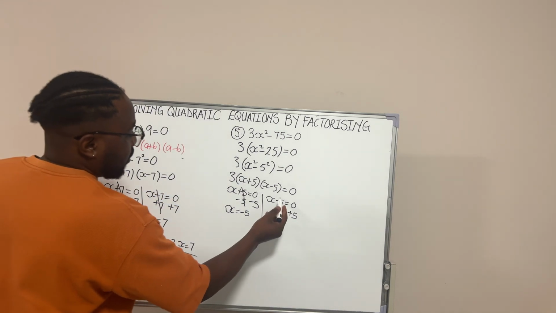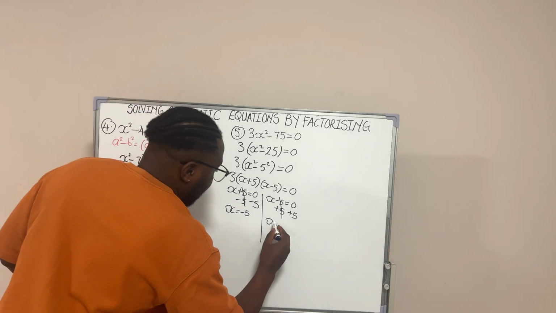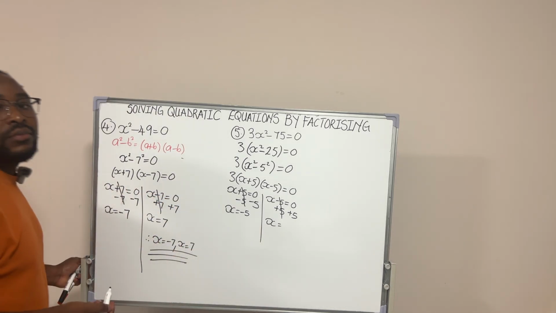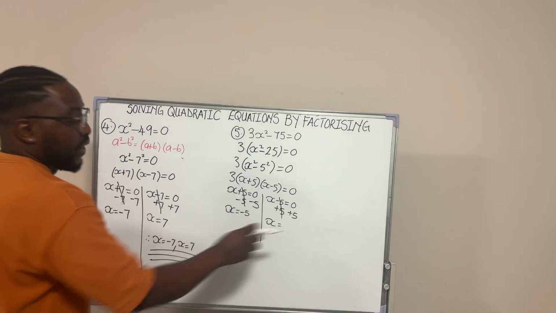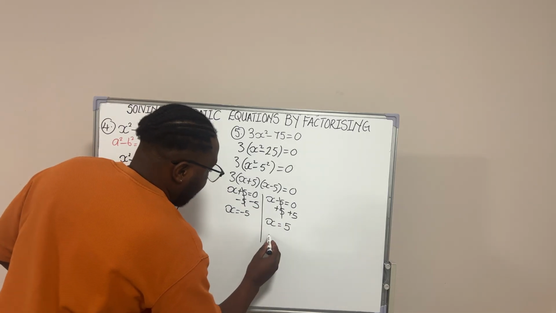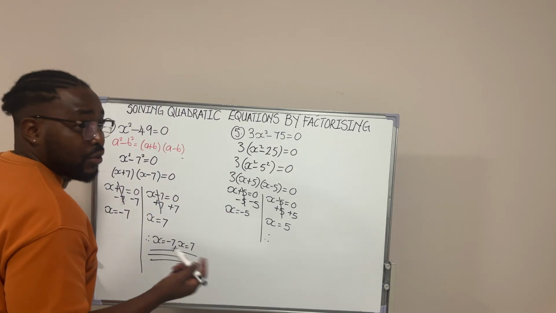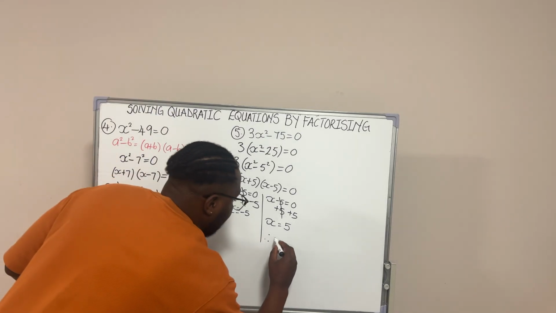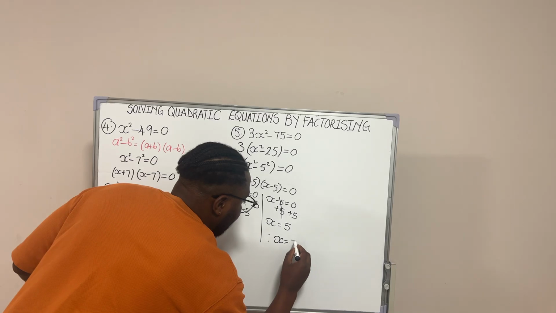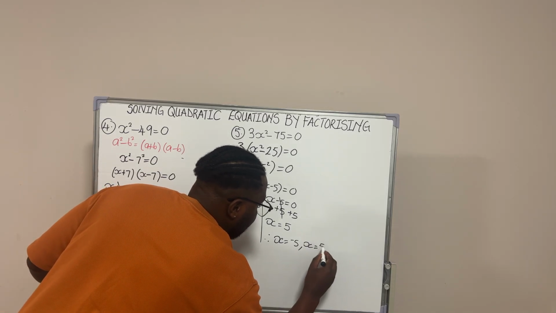Negative 5 and positive 5, those two cancel out. We shall be left with what? With x equal to 0 plus 5 is 5. So therefore, our solutions are what? x equal to negative 5 and x equal to 5.